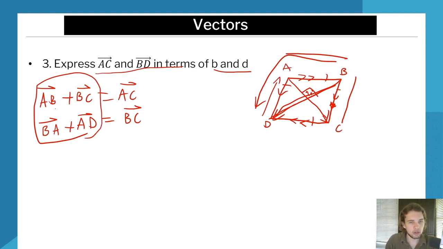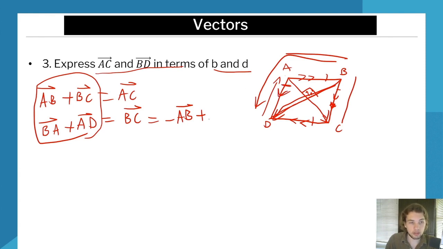So let's look. Okay, A to B and B to C, let's keep that. Now, B to A is actually the same as negative A to B. So we can say this equals negative A to B, plus A to D, which is the same as B to C. A to D is the same as B to C because it's the same magnitude and it's parallel, so it's the same direction.